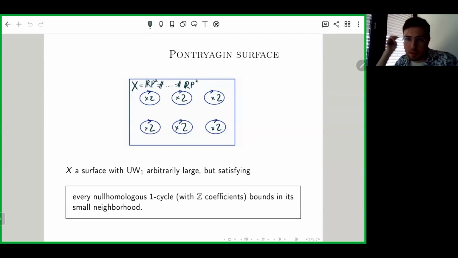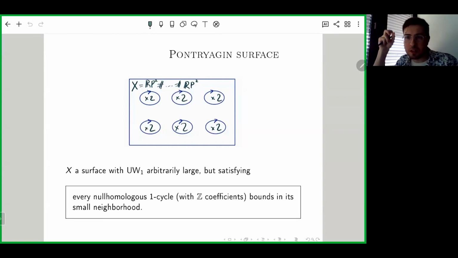It's the same as to say attach, connect sum with RP2, or attach a cross cap. If I started with a sphere instead of a square, this would just be a connect sum of many copies of RP2 with a certain metric.